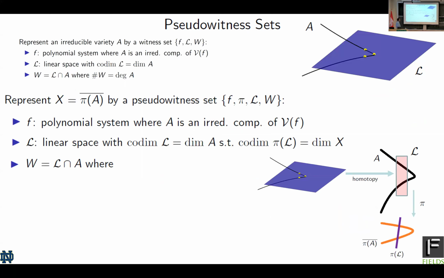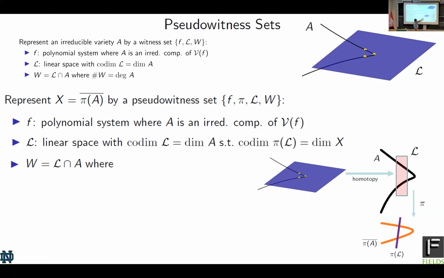All I have is a system F for some variety A, and then this map pi, and I want to study the image of pi of A. I don't have defining equations for X. I only have defining equations for A. So now my linear space, instead of being a general linear space of that dimension, I add one extra condition: that it has to respect the projection.